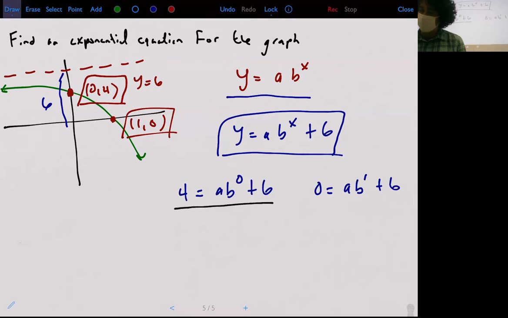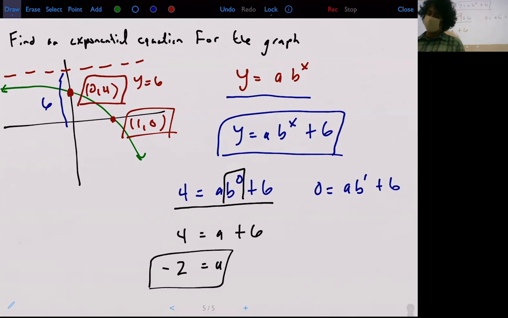Let's simplify this equation first, and we'll get 4 is equal to a, and b raised to the 0 is just 1. So what we're left with then is just a plus 6. This gives us that a is going to be equal to -2. Now plug in our a value into this equation here.